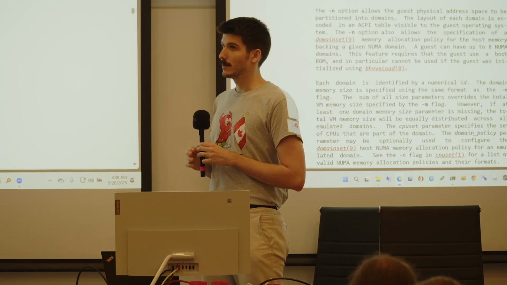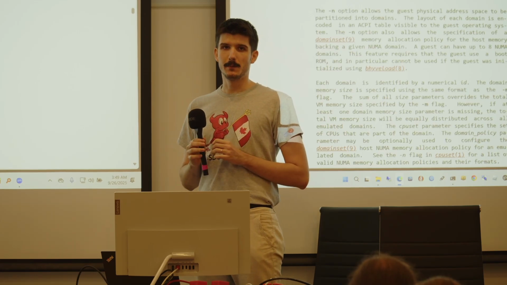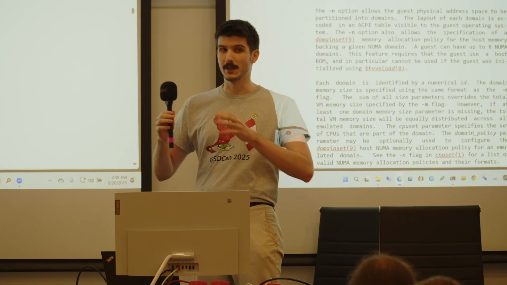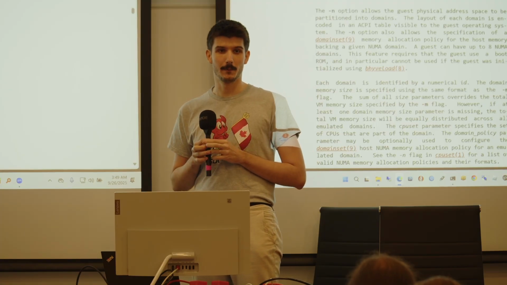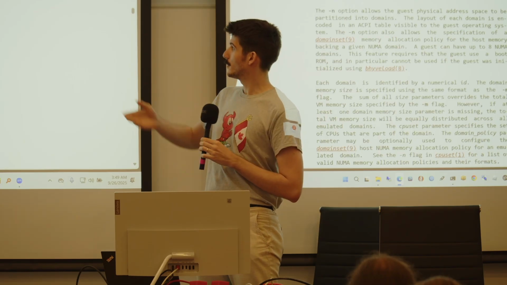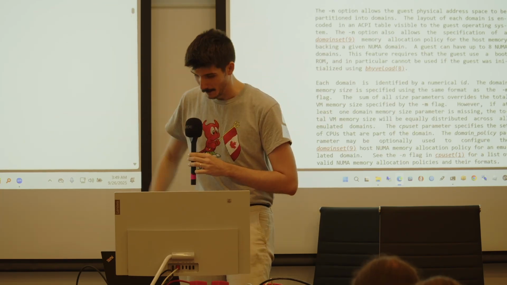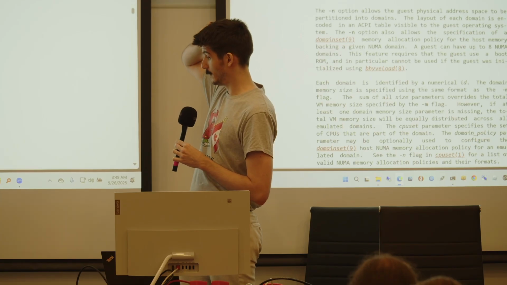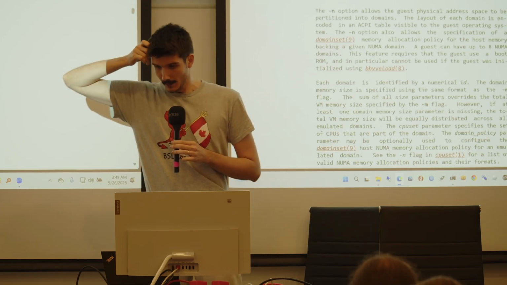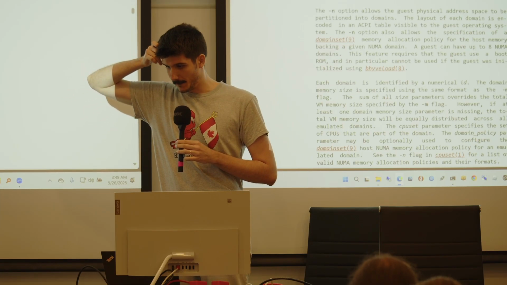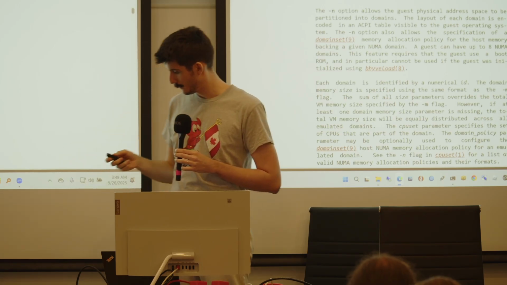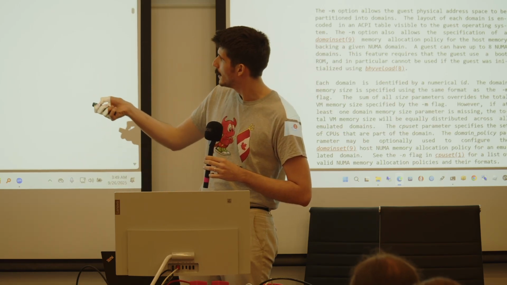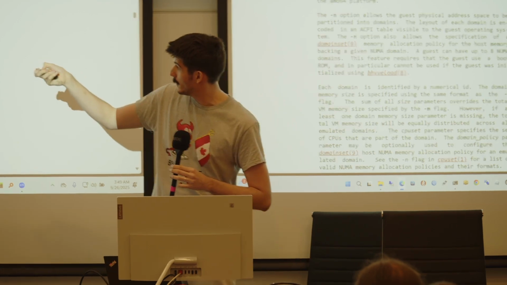So first and foremost, I think the most common use case is going to be, okay, I need to test something NUMA related. I don't have a NUMA machine. Those are expensive. So you pop this in. The way this option was envisioned, it's the dash run option.